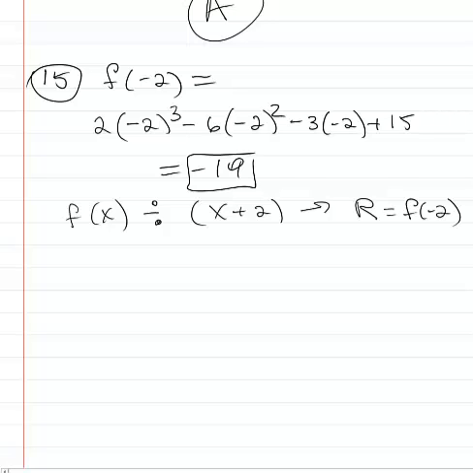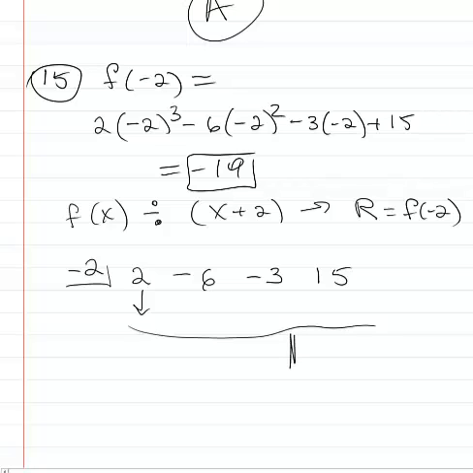So what that means is that if I perform a synthetic division with the coefficients 2, negative 6, negative 3, 15 and divide by x plus 2, with minus 2 as my root, what I get at the end, my remainder, would be the same as the functional value. So this should be negative 19.